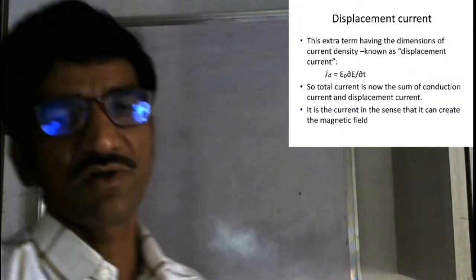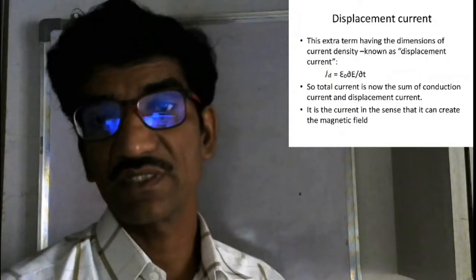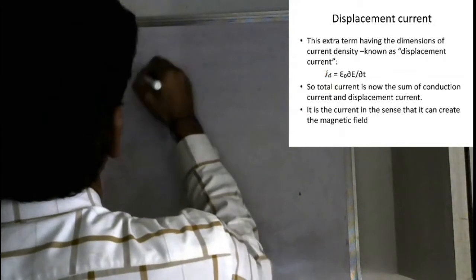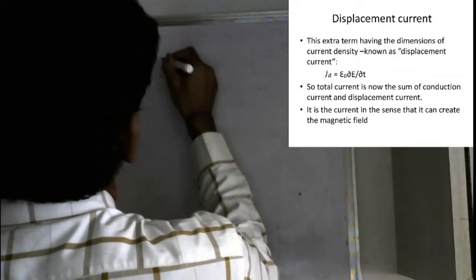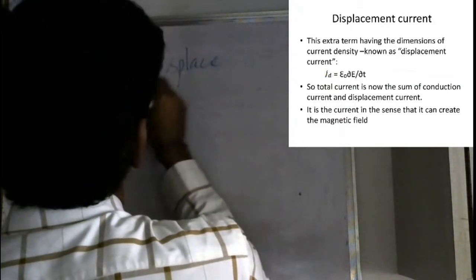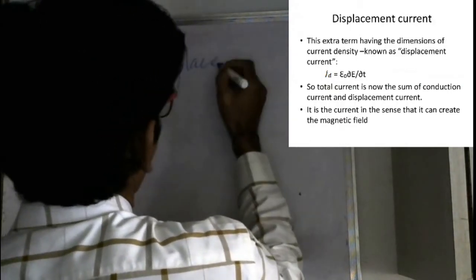Now, after the modification of Ampere's law, we will go for the displacement current. Who discovered this current? Maxwell, James Clerk Maxwell.